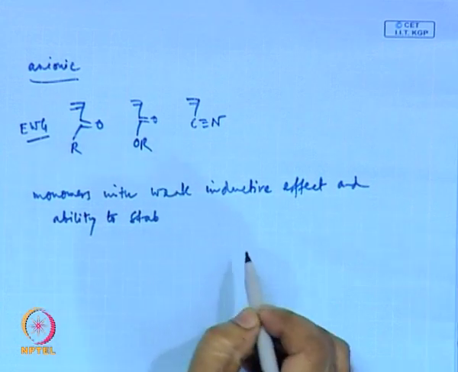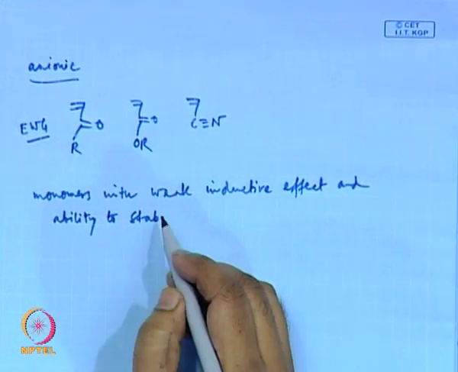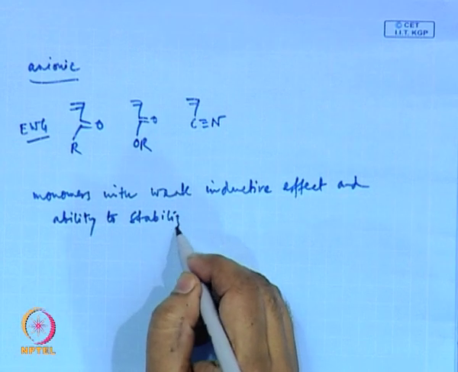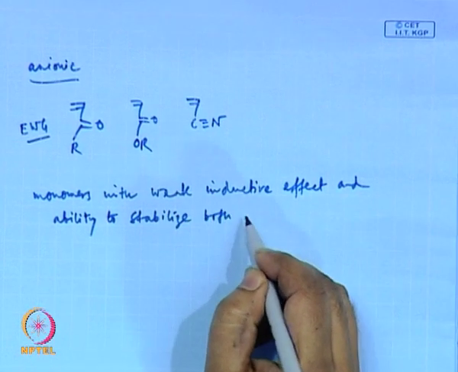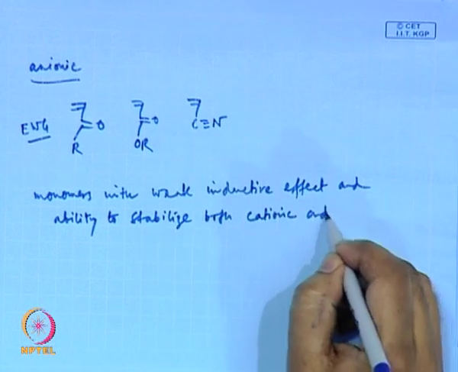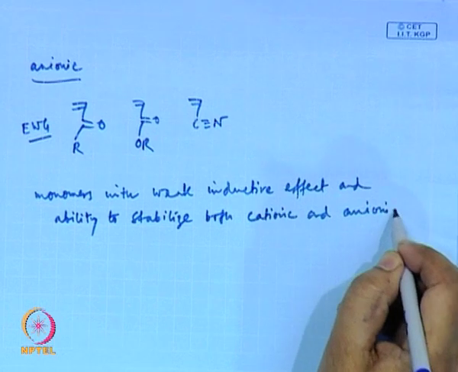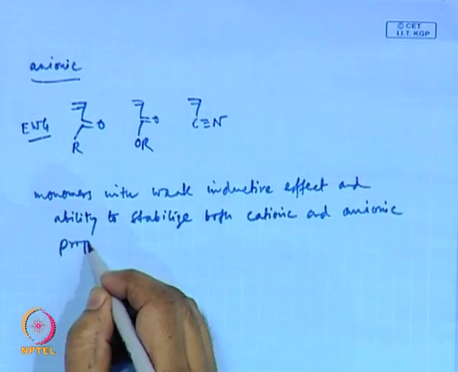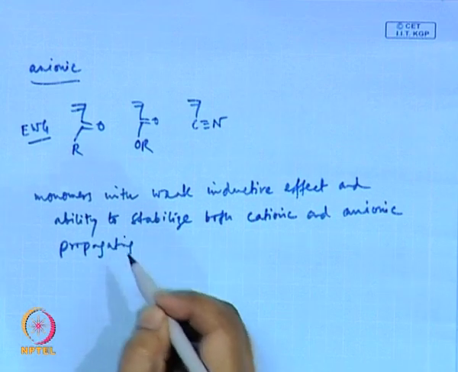So, if I want to complete this sentence: inductive effect and ability to stabilize both cationic and anionic propagating species.